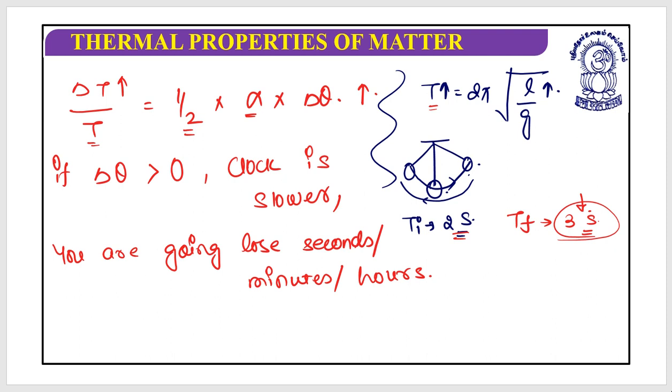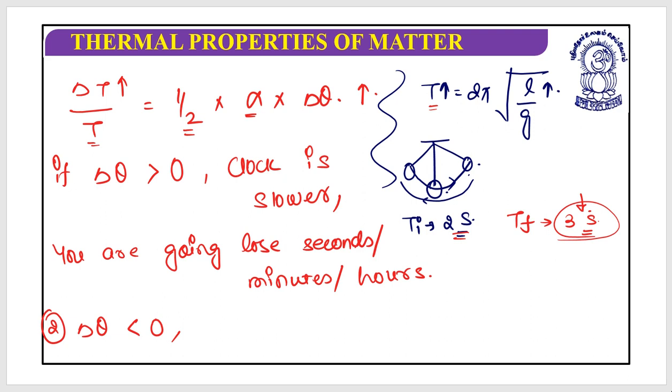Now let's discuss the second case. If delta theta is less than 0, then what would be the situation? Let's suppose initially it was at 20 degrees Celsius and then it has been shifted to 10 degrees Celsius.